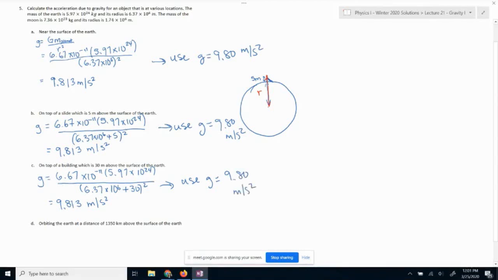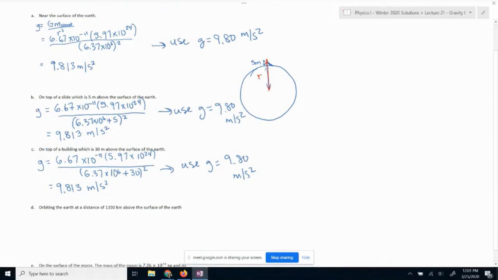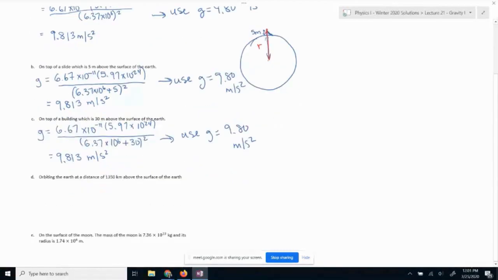What happens if we are now orbiting the Earth a distance of 1350 kilometers above the surface of the Earth? Do you think we can still use g equals 9.8 meters per second squared? No, now it's really far away, right?